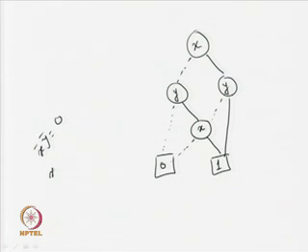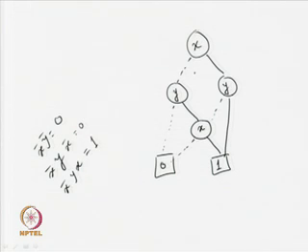When x equal to 0, y equal to 1, what will happen? Again, I am going to take a decision on x. If x equal to 0, then I get 0, and when x equal to 1, then I get 1.